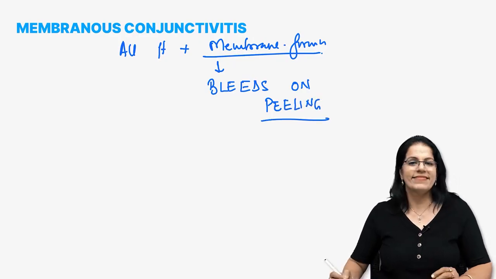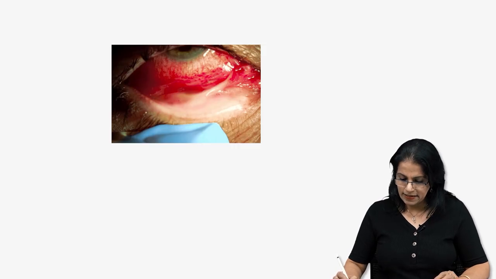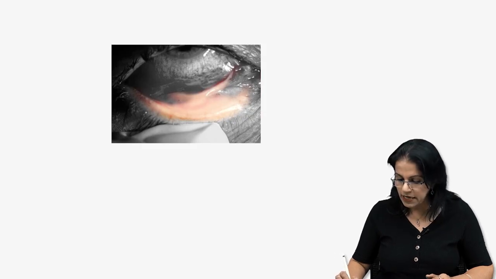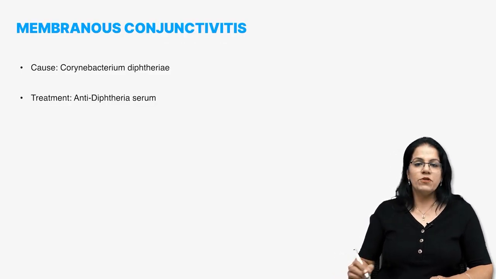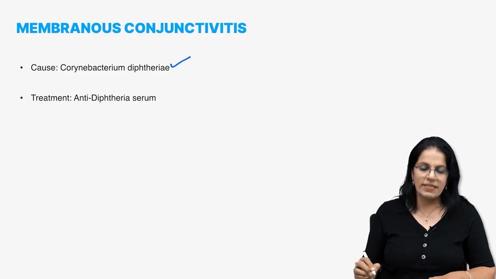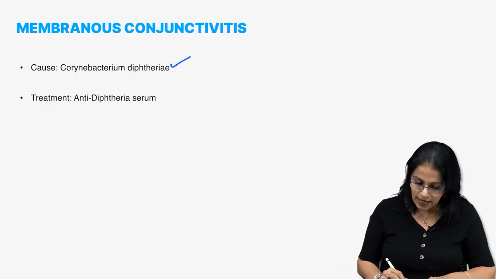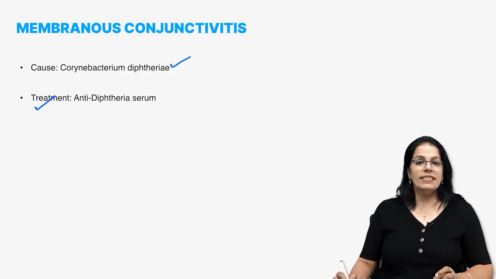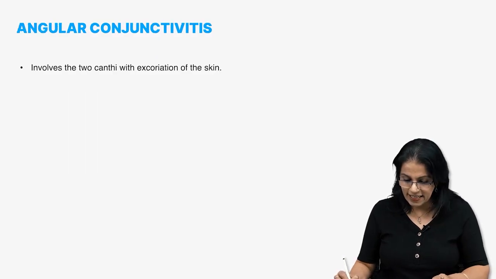So, this is your membranous conjunctivitis, which will bleed on peeling. Of course, the cause I have just mentioned is Corynebacterium diphtheriae. What is the treatment? Anti-diphtheria serum is given. Done? Okay, we come to the next.